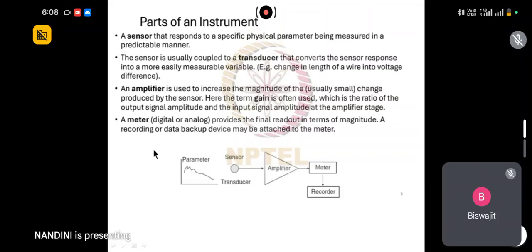It will have a sensor, a transducer, which converts the sensor response into an easily measurable variable, an amplifier, which increases the magnitude of the signal measured by the sensor, a meter, which displays the final readout in terms of magnitude, and a recording or data backup device attached to the meter. So these are the four different parts of an instrument.